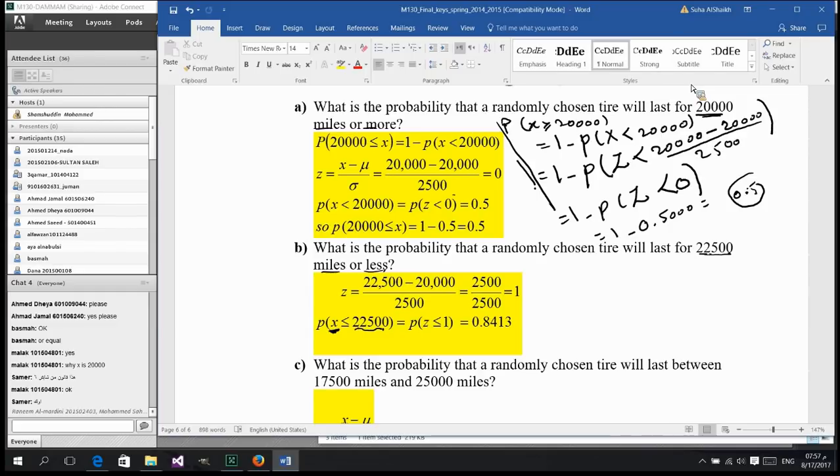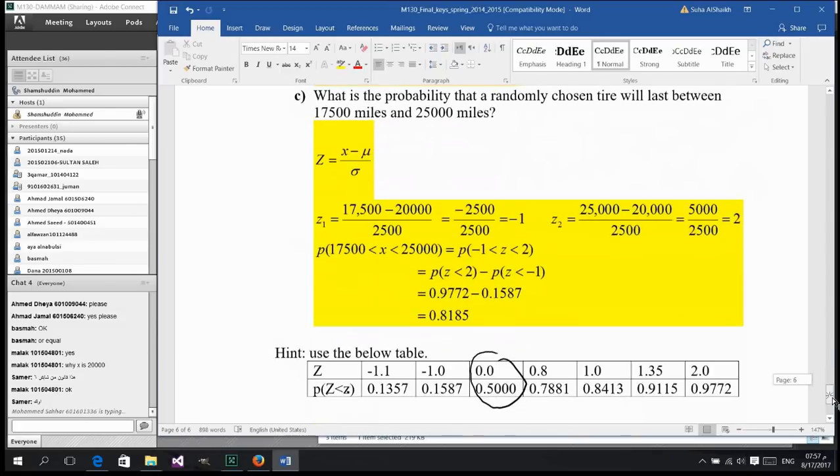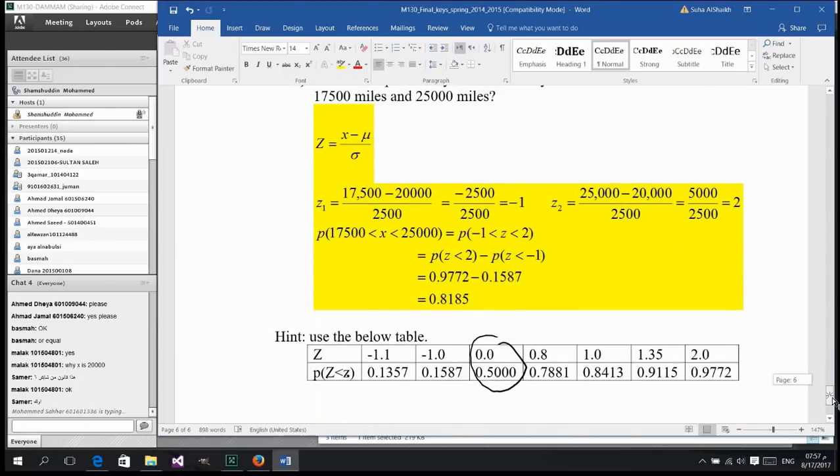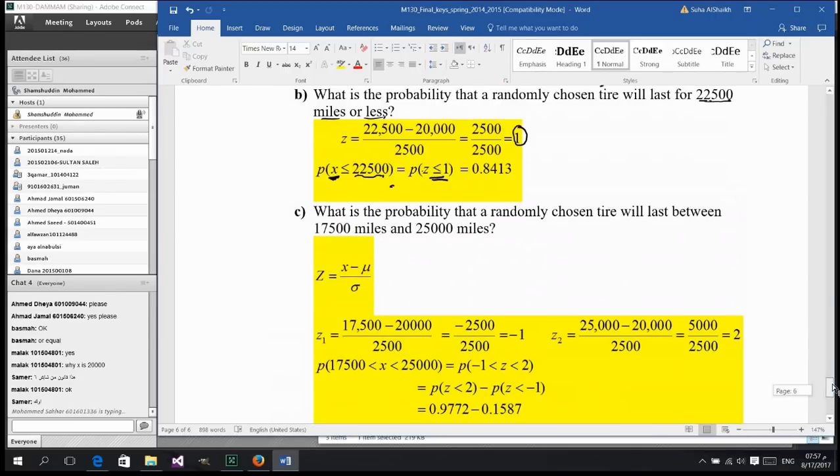I don't want x, I want it to be z. So the probability of z, and for the 22,500 subtract the 20,000, divide by sigma, and the result is equal to 1. So I'm talking about z less than or equal to 1. From the table, less than or equal to 1, here is the 1. Can you see it? For the 1 here, it's equal to 0.8413. So the result directly is 0.8413.